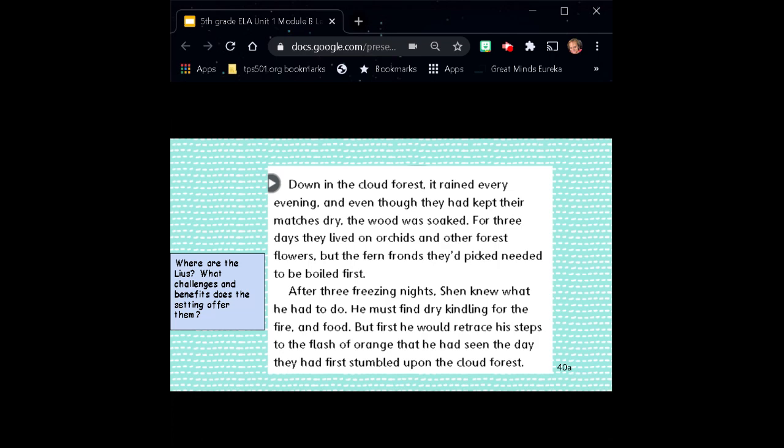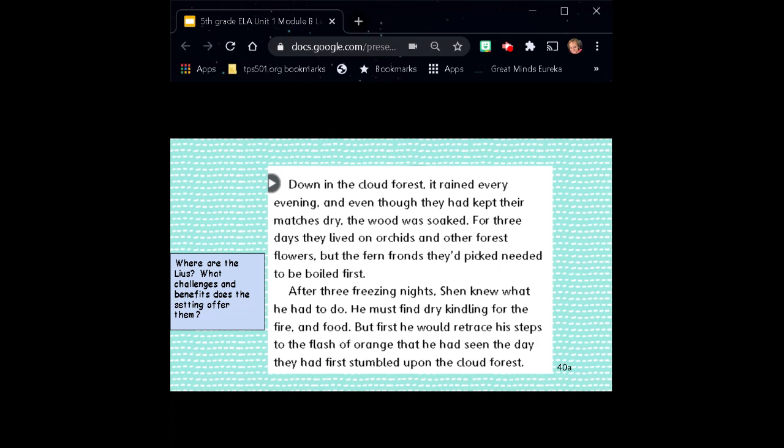So, I have several questions for you based on this. Where are the Lus? And what challenges and benefits does the setting offer them? Did they find food? What kind of food were they eating?